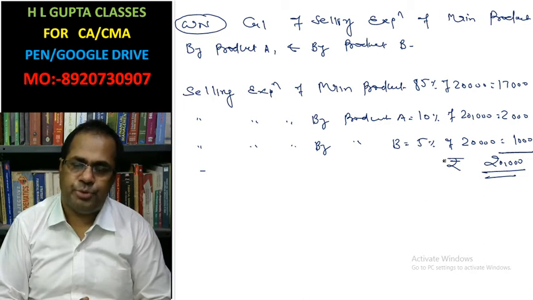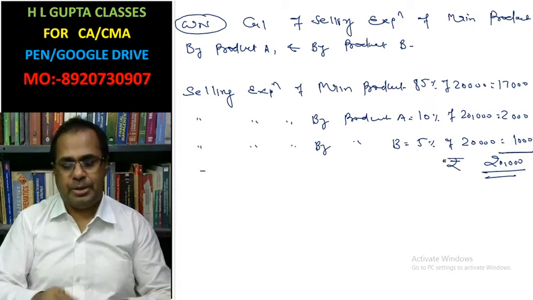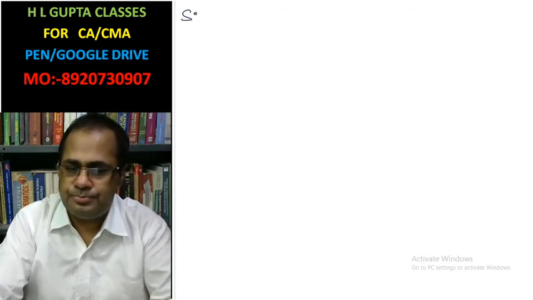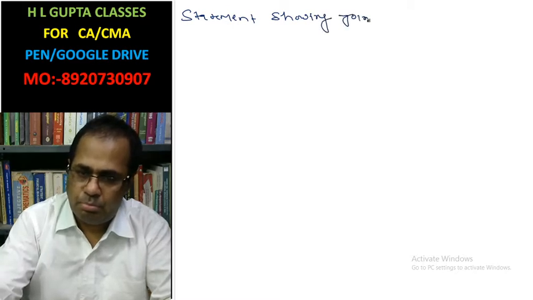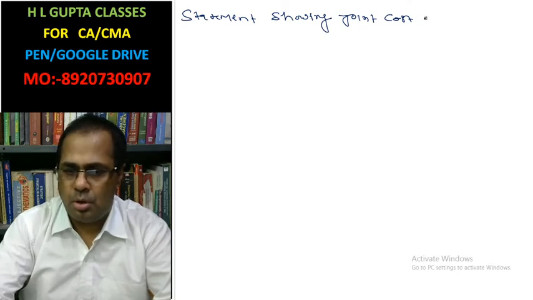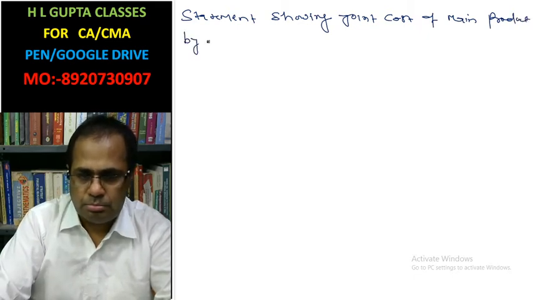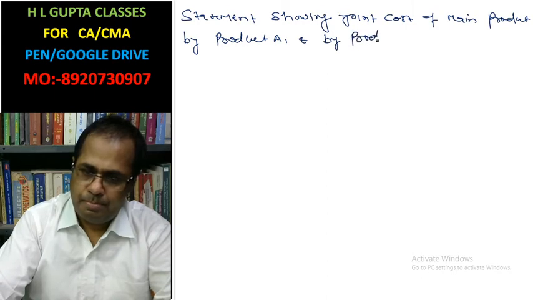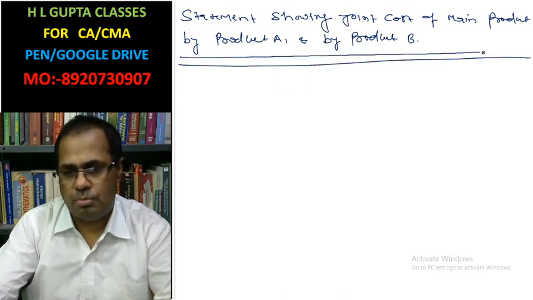the joint cost for main product, byproduct A and byproduct B. Here a statement showing joint cost of main product, byproduct A and byproduct B. Look at it.